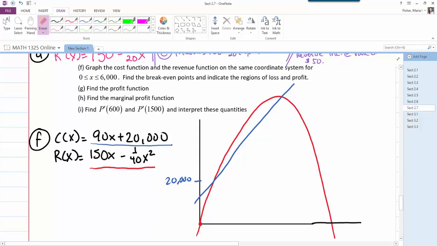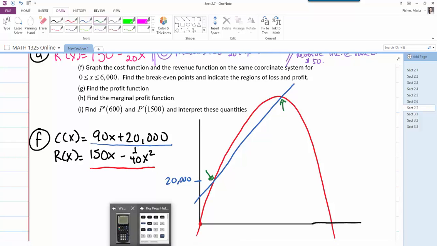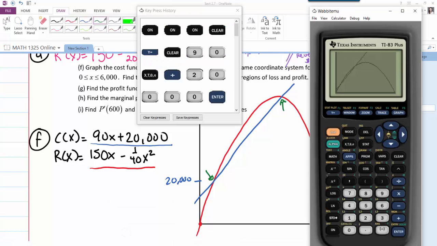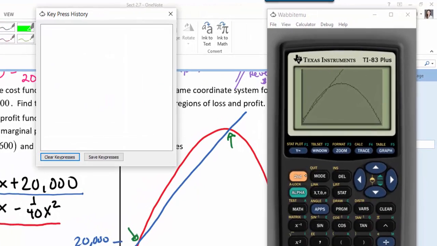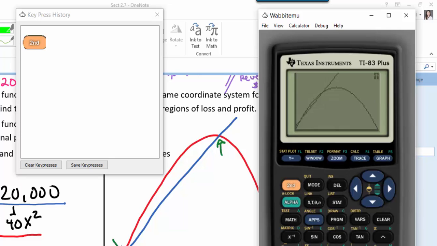Okay, so I need to find my break-even points. I need to figure out what is this and what is this. Well, on a calculator, what you want to do is look for your points of intersection. So you are going to hit second and then trace for calculate, and you're going to choose number 5, intersection.